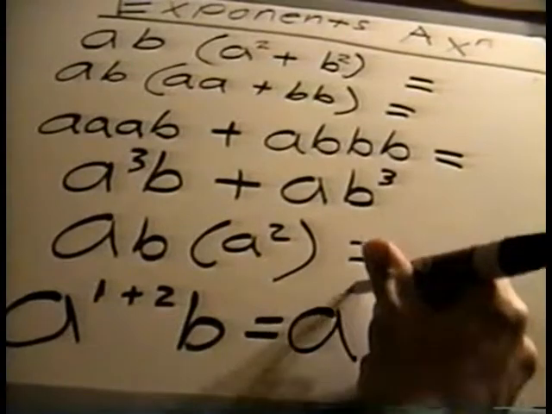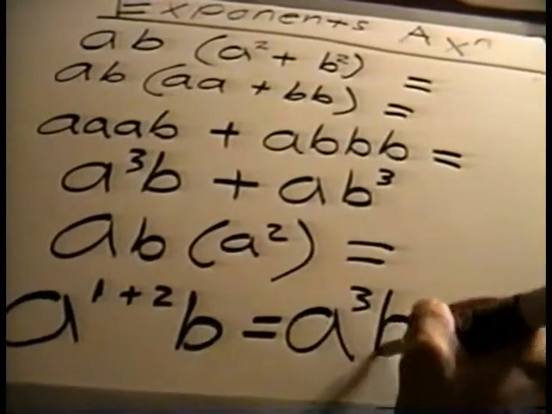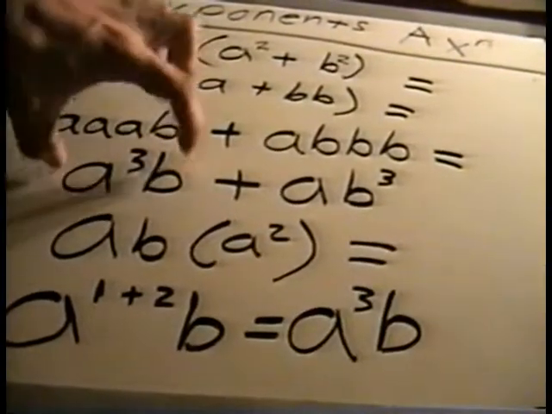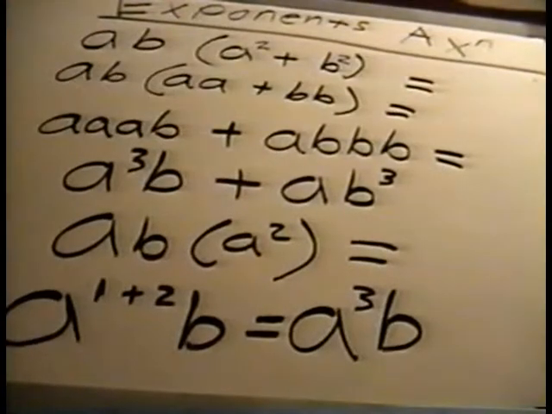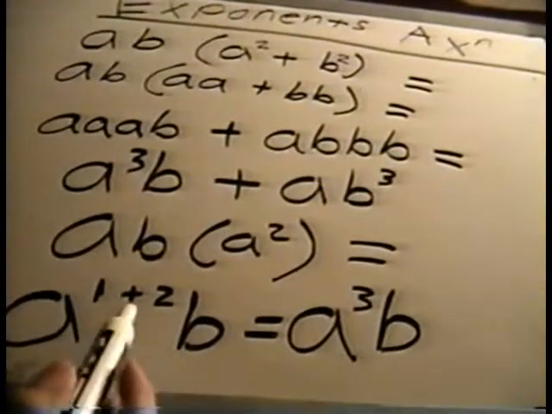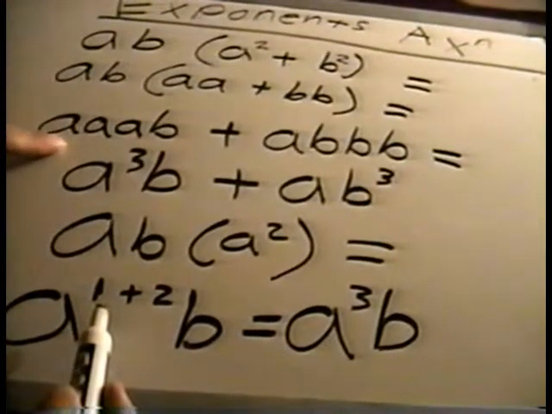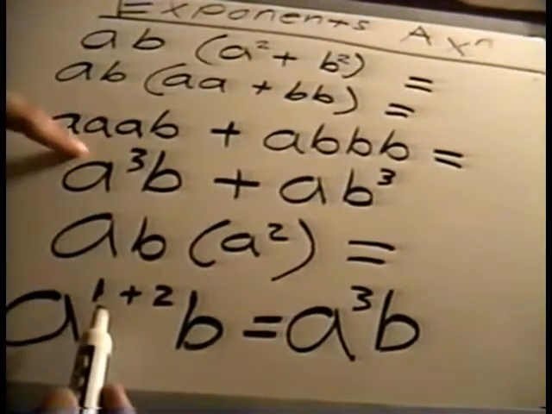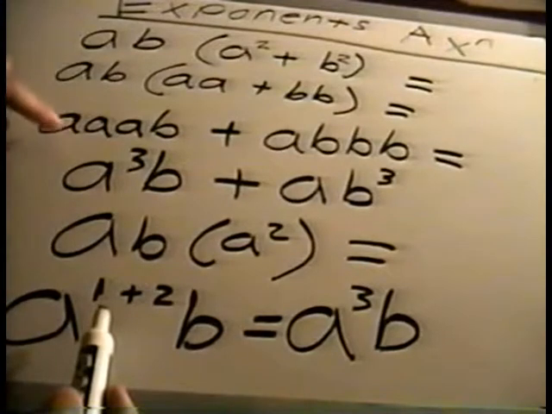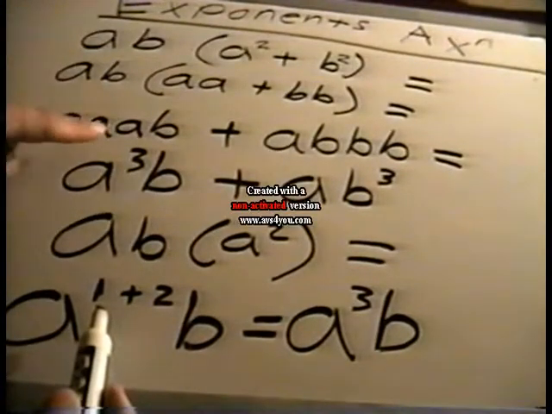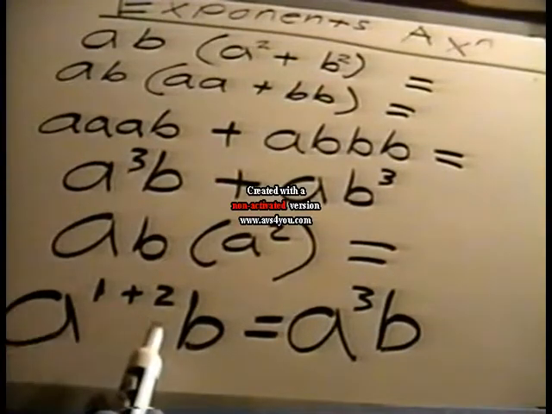And what you're actually doing when you're multiplying two terms that have the same basis but different exponents, you end up adding the exponents. That's going to become A to the power of 1 plus 2, which equals A to the power of 3.